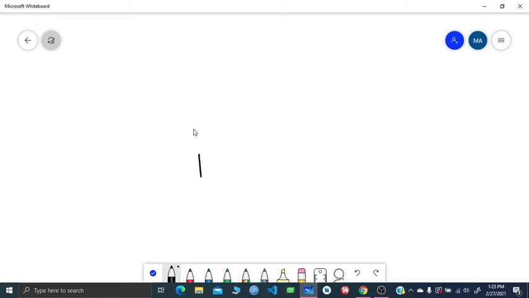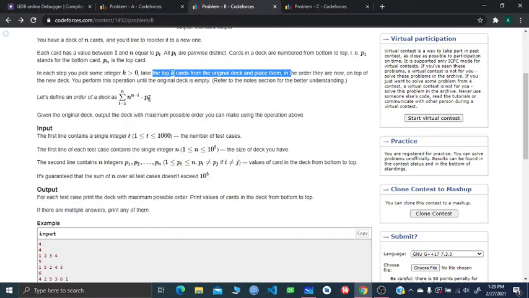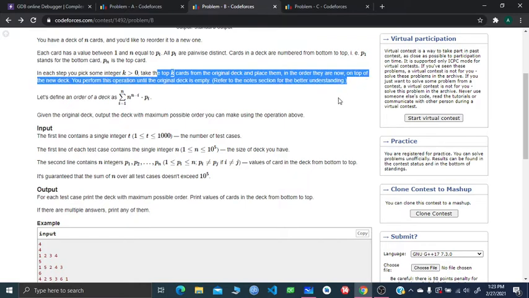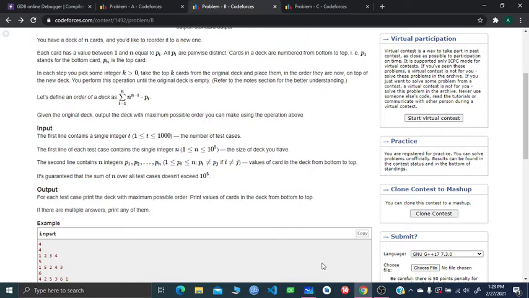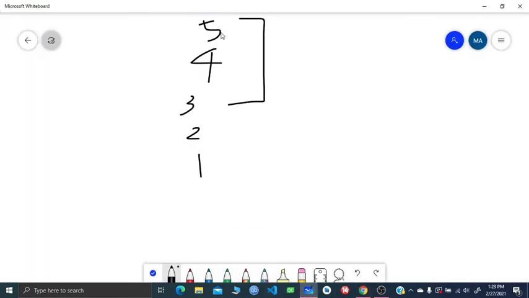Let's say 1, 2, 3, 4, 5. This is the top, this is the bottom. For each step, I can pick some integer k, take the top k cards from the original deck and place them in order on top of the new deck. If I pick 5, 4, 3, my new deck will look like 5, 4, 3.